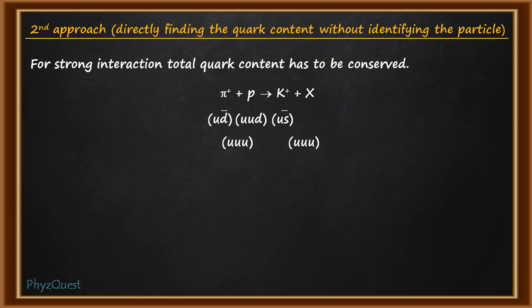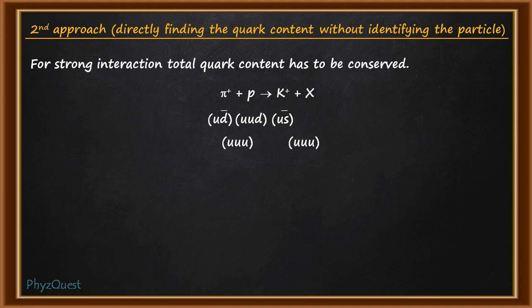It is given in the question that the quark content of kaon is u s-bar. Here s and s-bar represent strangeness. In a strong interaction, the strangeness has to be conserved. On the left-hand side, neither particle is strange, but on the right-hand side we have one strange particle with strangeness -1.